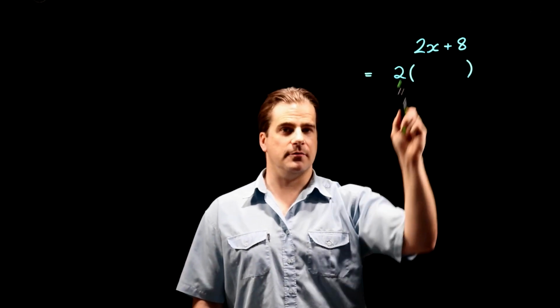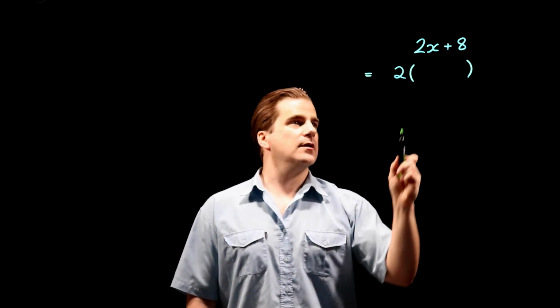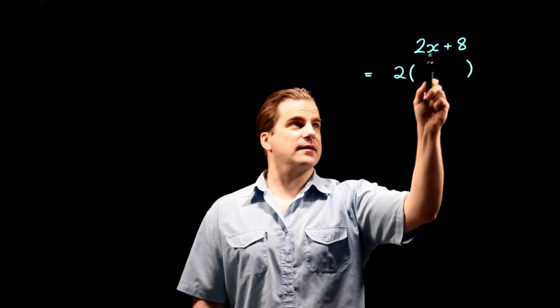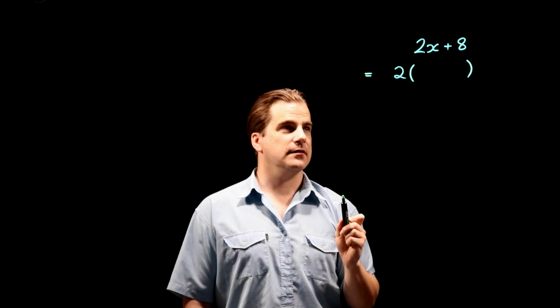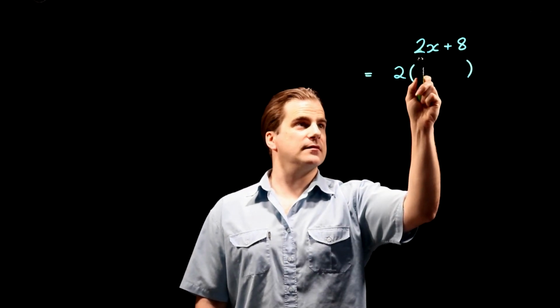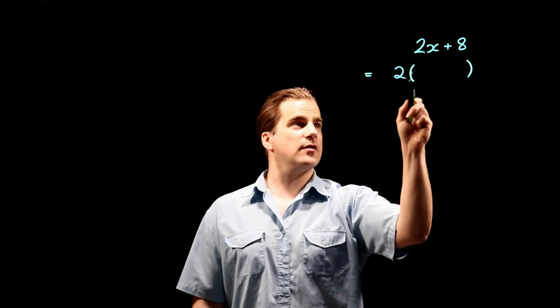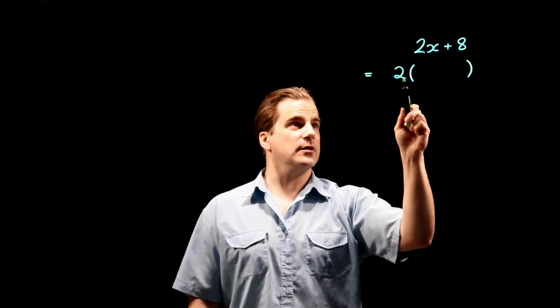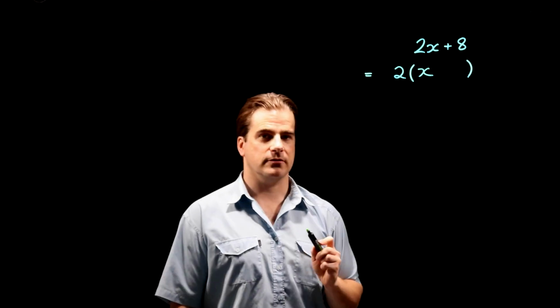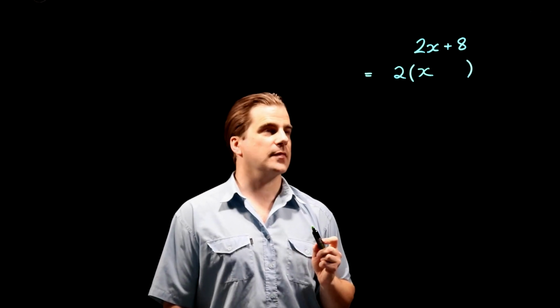You look at the first term and you ask yourself, what do I have to multiply 2 by to get that? In other words, 2 times what equals that? Well, 2 times x equals 2x.